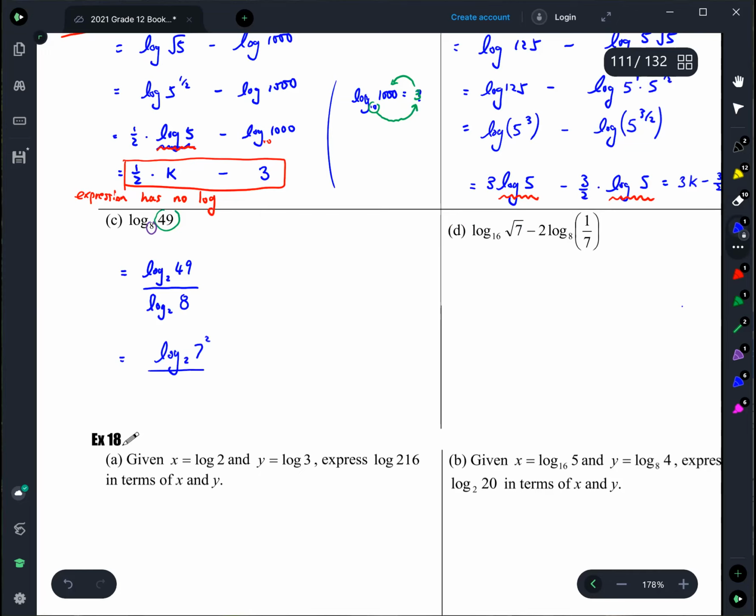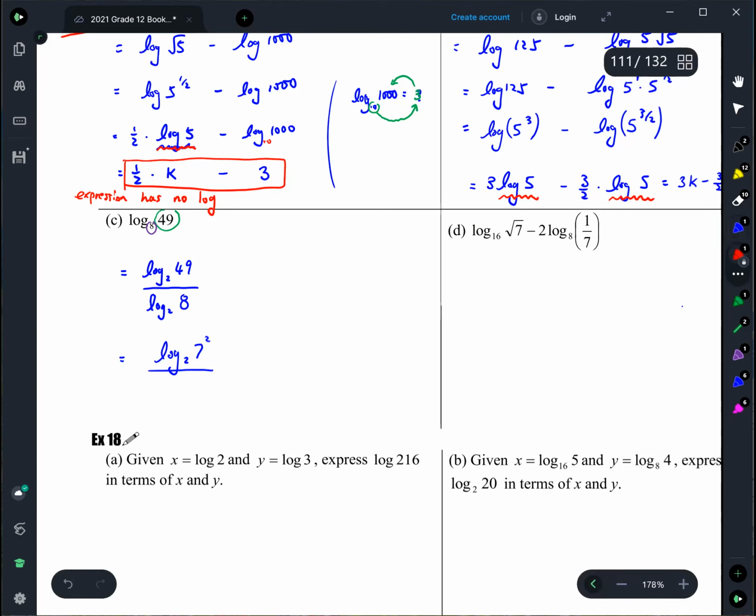Now for the denominator. Eric, what can we do with the denominator, log base 2 of 8? Can we do something about it? You can rewrite it as 3, right? Yes, just equal to 3.